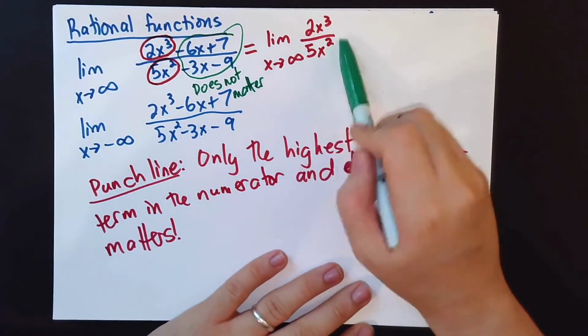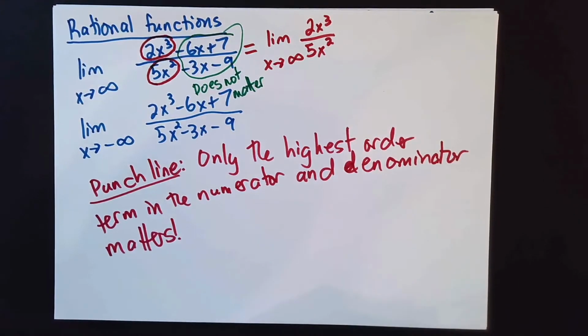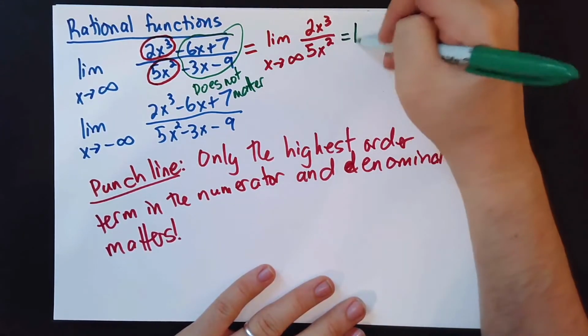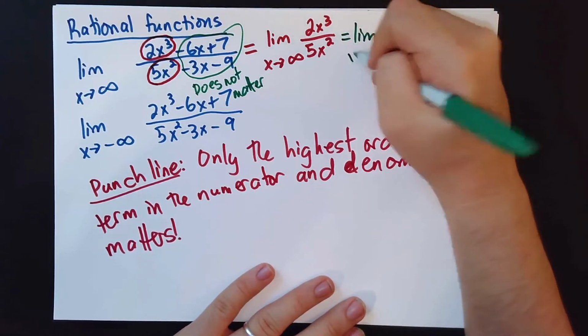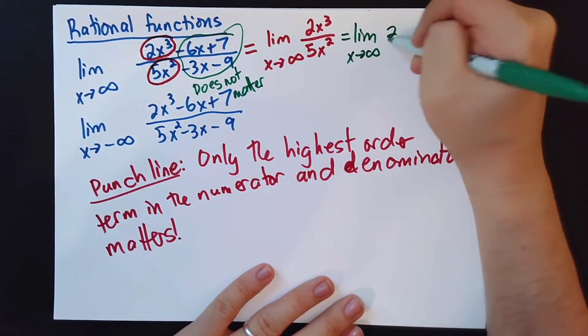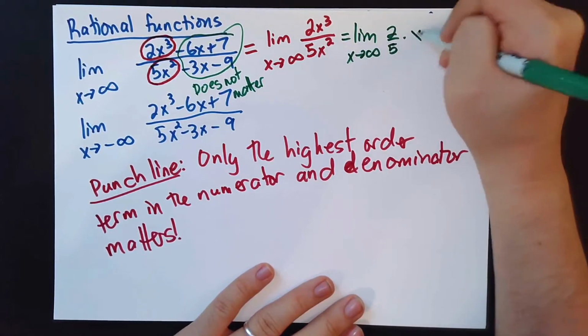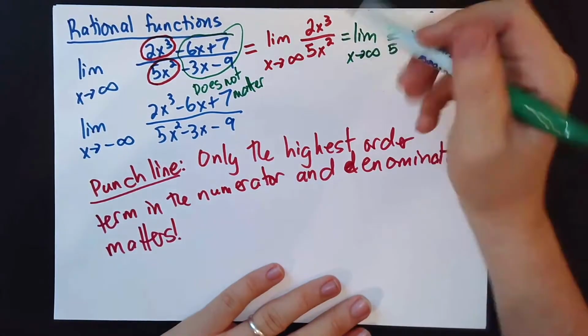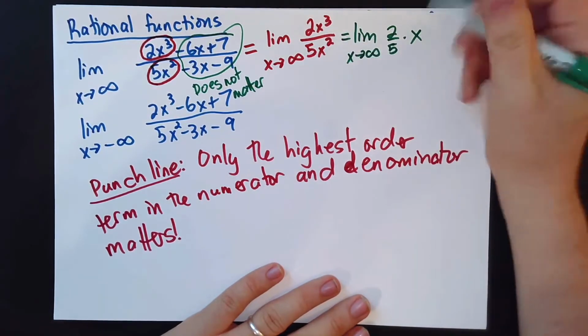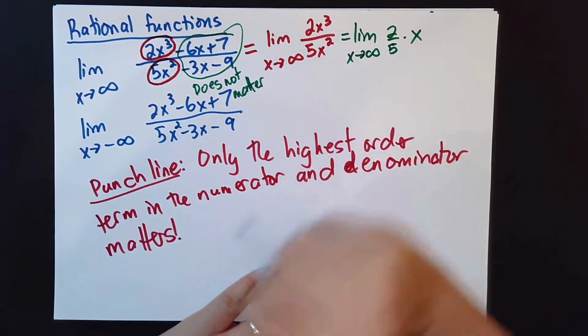So I can rewrite this like this. And the cool thing is, once I've rewritten it like this, I can actually rewrite it even better. Namely, this is 2/5 times x. Because x cubed divided by x squared, that's x to the 3 minus 2, which is just x to the 1, which is just x.